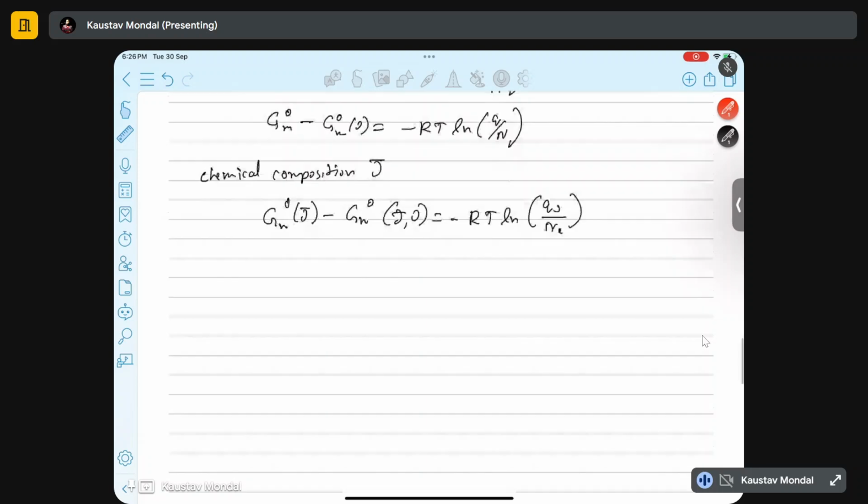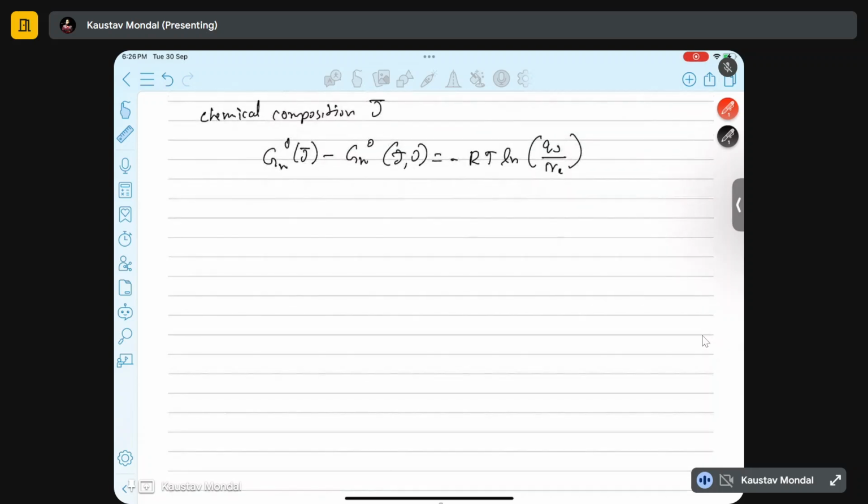Now let's take a reaction like this: aA plus bB reacting to give cC plus dD.